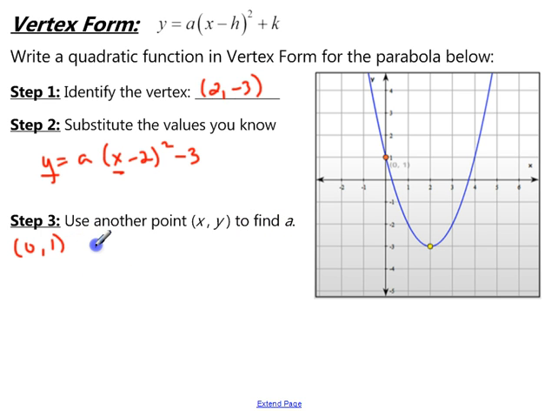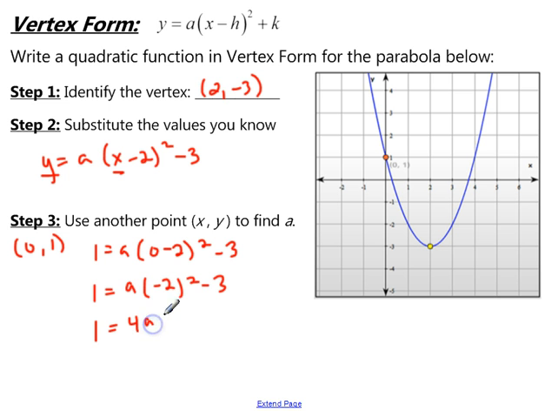So we have 1 = a(0 - 2)^2 - 3. Let's solve this equation for a. 1 = a times (0 - 2), which is -2, and -2 squared is going to be positive 4.